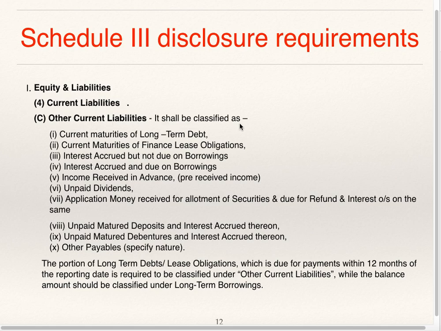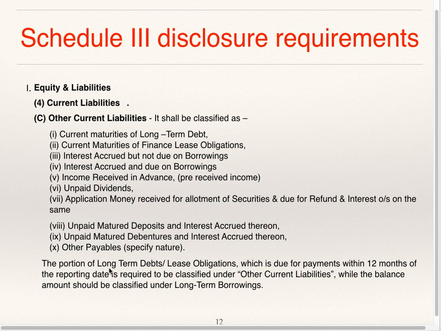Other current liabilities shall be classified as current maturities of long-term debt, current maturities of finance lease obligations, interest accrued but not due on borrowings, interest accrued and due on borrowings, income received in advance, that is pre-received income, unpaid dividends, application money received for allotment of securities and due for refund and interest outstanding on the same, unpaid matured deposits and interest accrued thereon, unpaid matured debentures and interest accrued thereon, and other payables, where you are supposed to specify the nature.